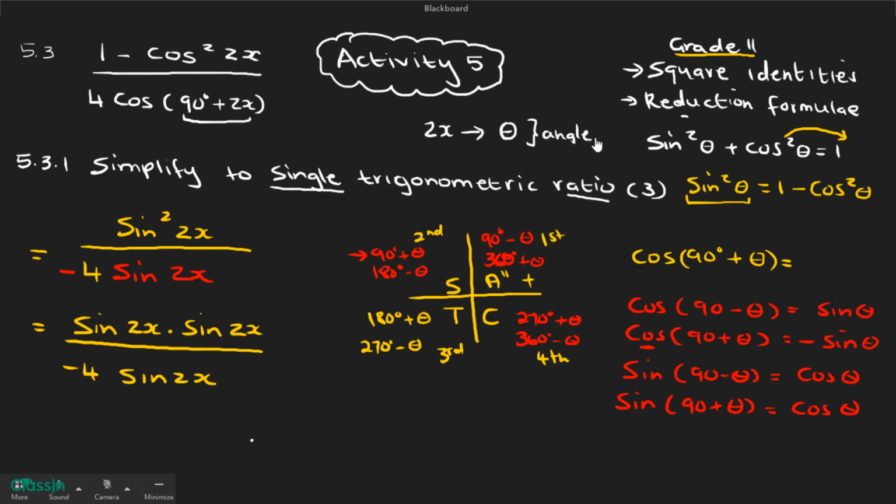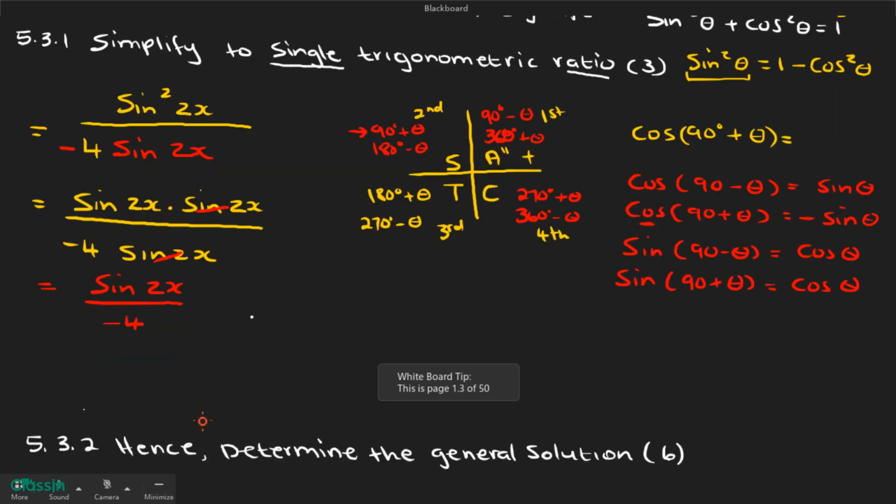Because we are multiplying, this and that can cancel. Then we are left with sine 2x divided by negative 4. And that is your solution for 5.3.1.